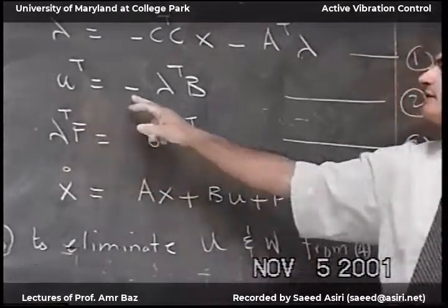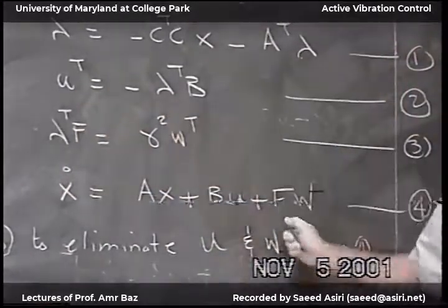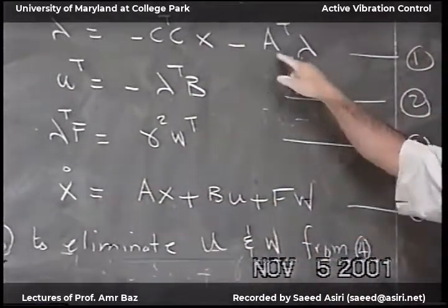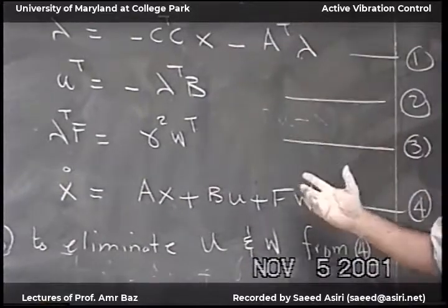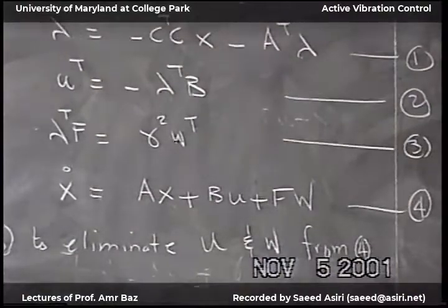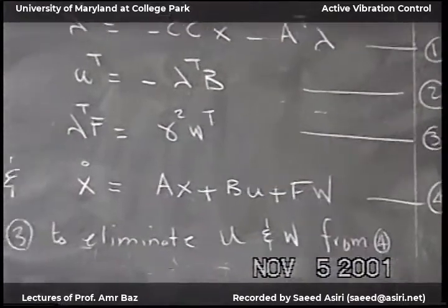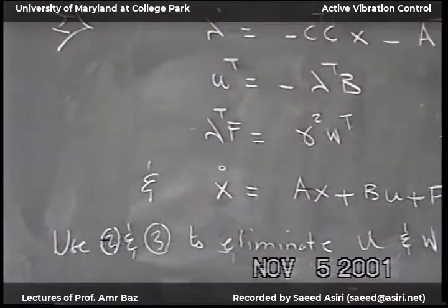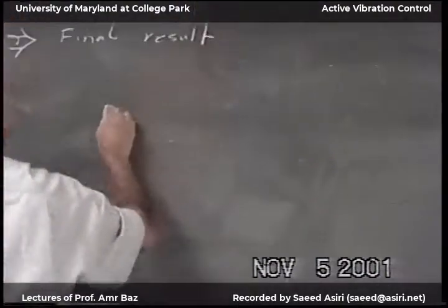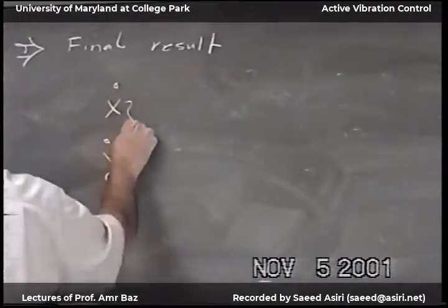The U I eliminate and replace by lambda. So this equation will be x dot equals Ax plus some terms times lambda. This is x and lambda. Then I can group them again in Hamiltonian matrix form. Then the final result: x dot, lambda dot.